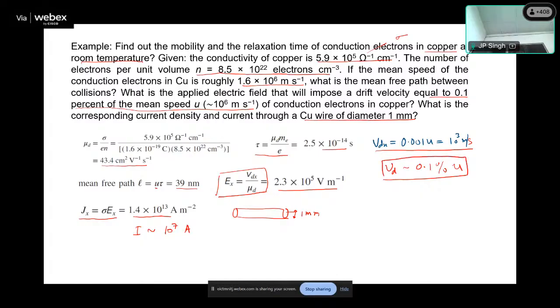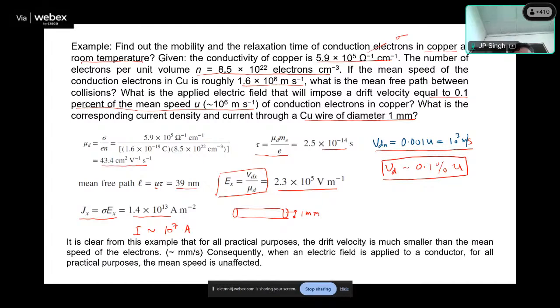It means this number which we assumed, 0.1 percent of the mean speed, is not true. It means the drift velocity is still much smaller than that. And actually in reality, the drift velocity is much smaller than the mean speed of the electron, and it is typically of the order of millimeter per second.